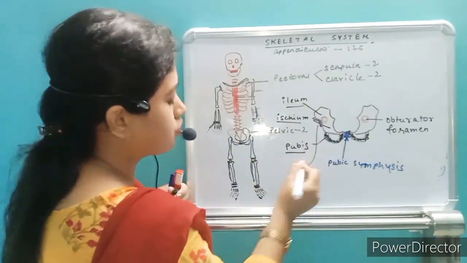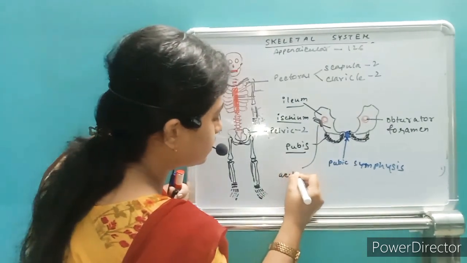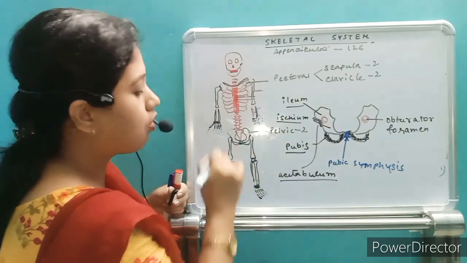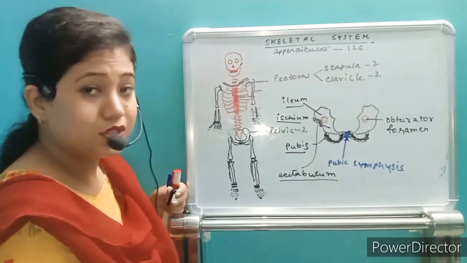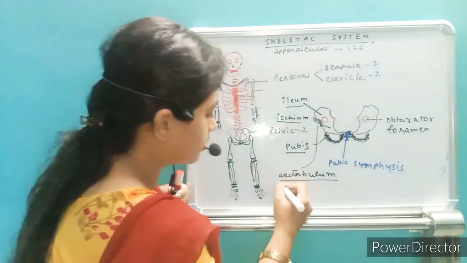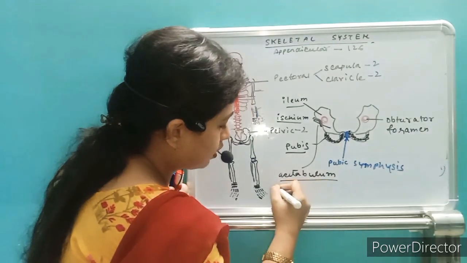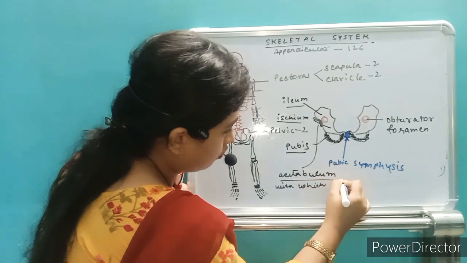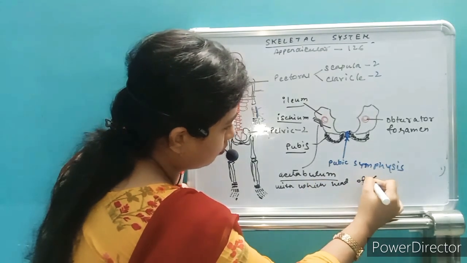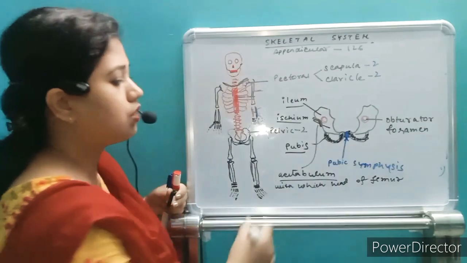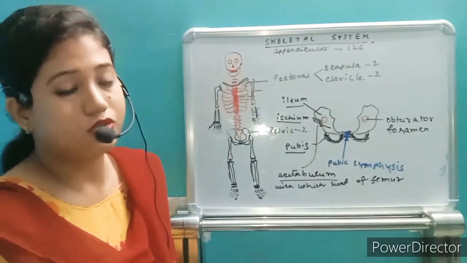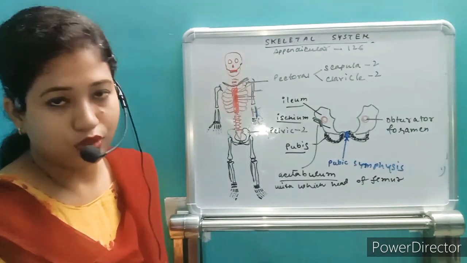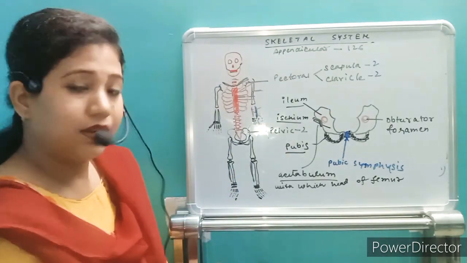This is called the acetabulum, with which the head of our longest bone, the femur, attaches, so that we can have a ball and socket joint. The joint part we will discuss later. So this is about the pelvic girdle.